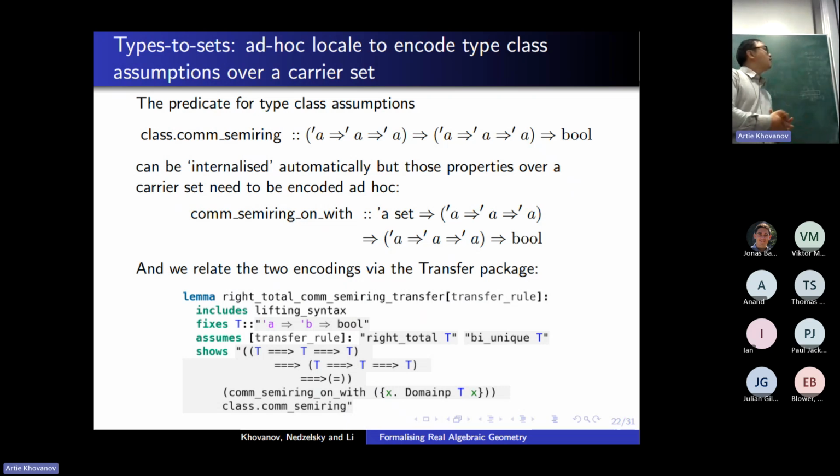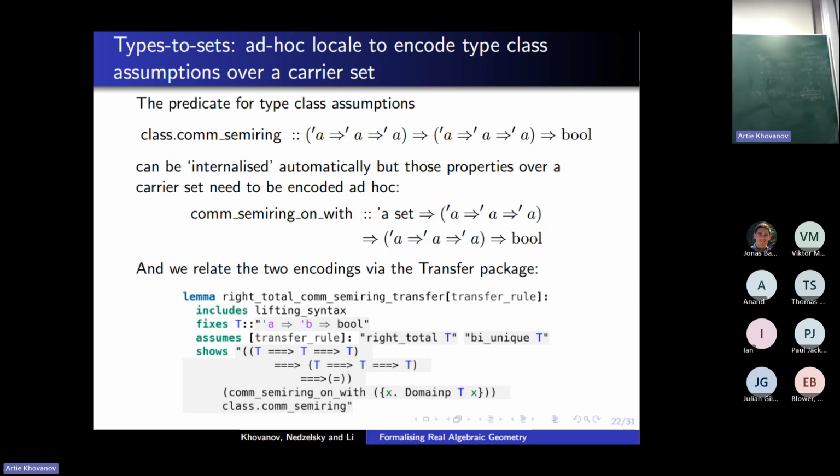One of the things we need to do within this framework is to define a carrier to encode this explicitly. For example, over commutative semi-rings, we can have some automation to externalize those operations.